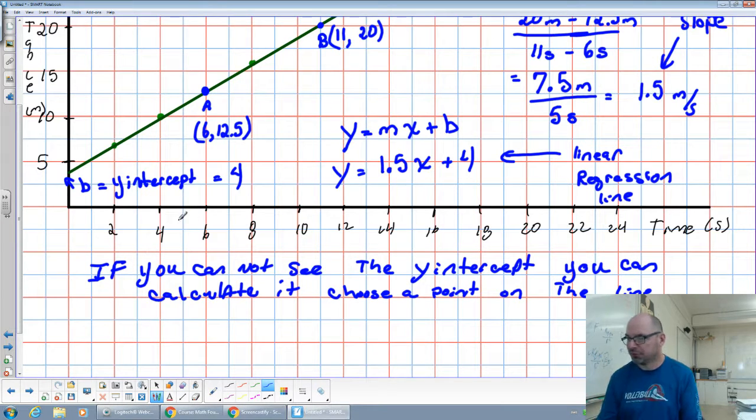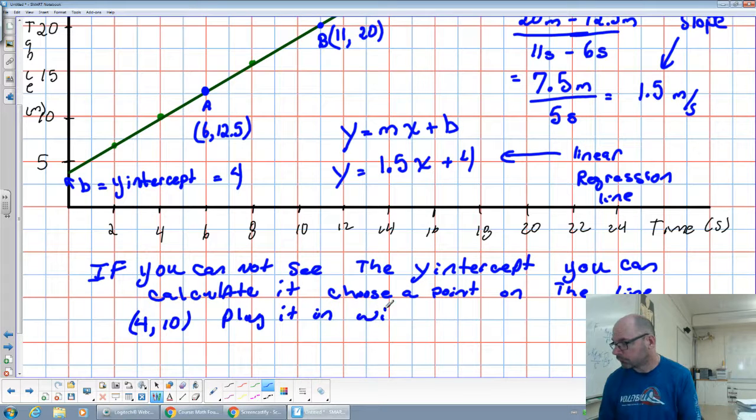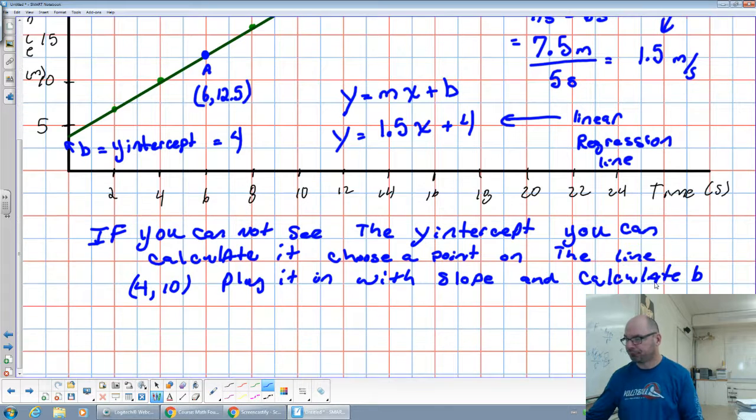Okay, so the point I'm going to choose is 4, 10. And plug it in with the slope and calculate b, which is our y-intercept.